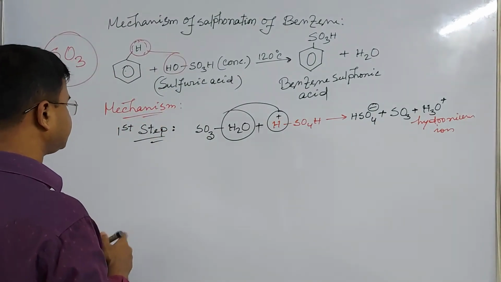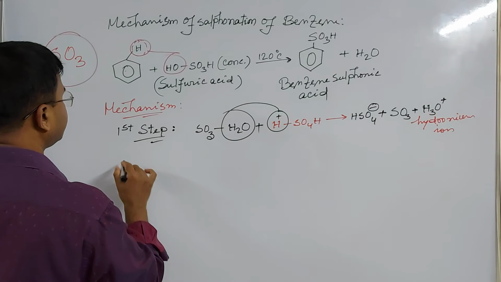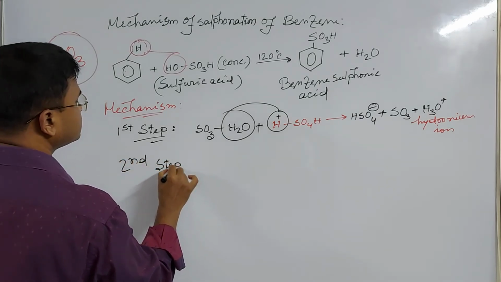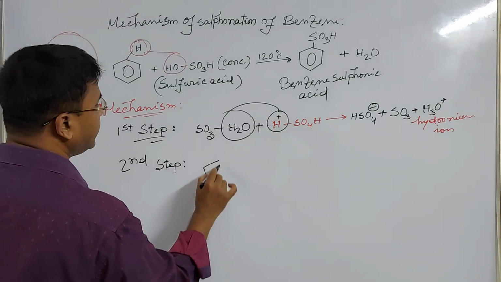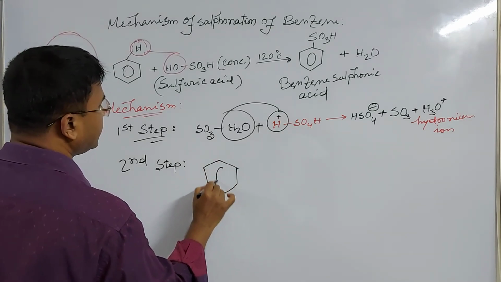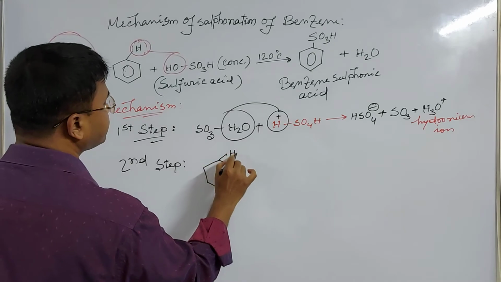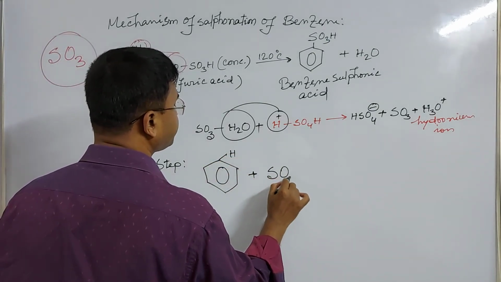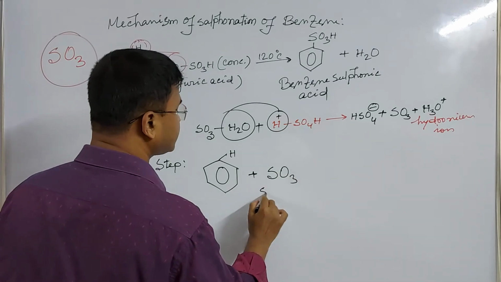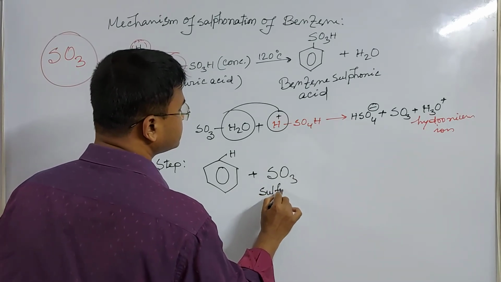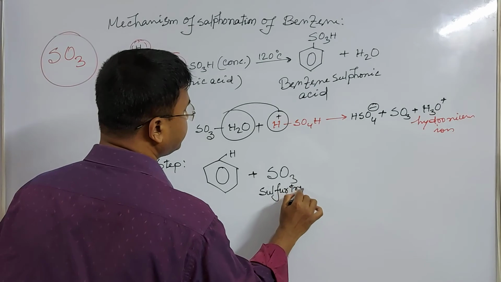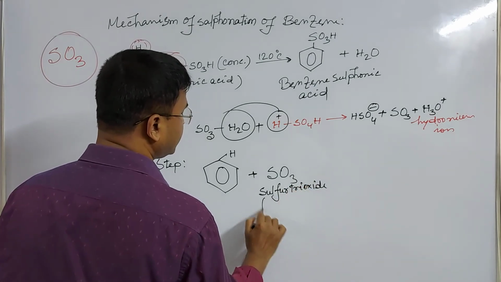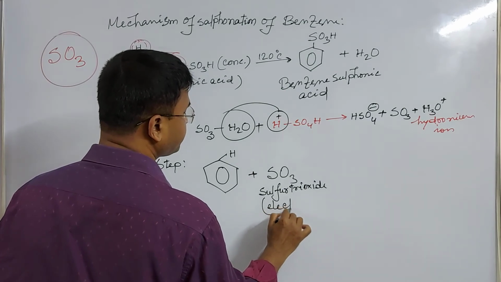And at the second step, all of you know that the electrophile attacks the benzene ring. Here the electrophile is sulfur trioxide. I'd like to write here electrophile also.